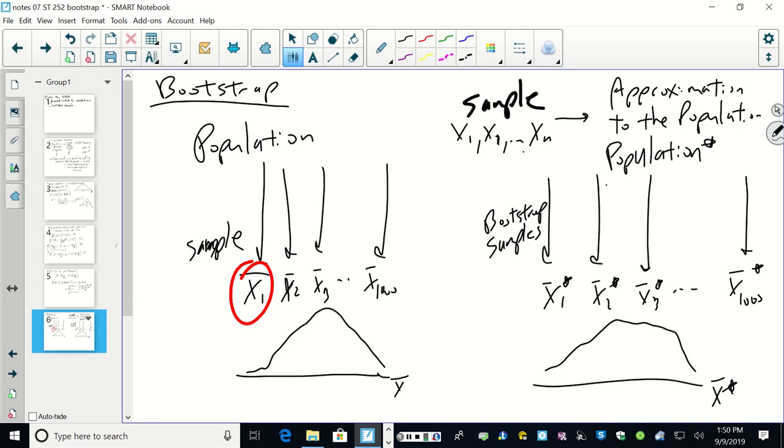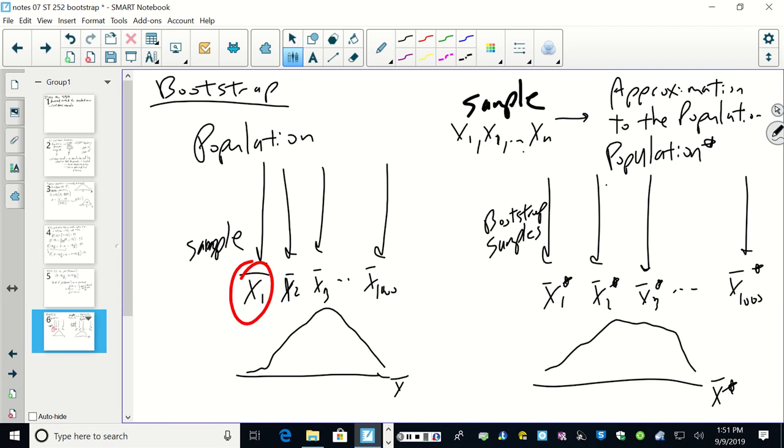So the way we do it does become a reasonable approximation to the population, and so this becomes a sampling procedure analogous to what's over there. So it should match up pretty well, right?